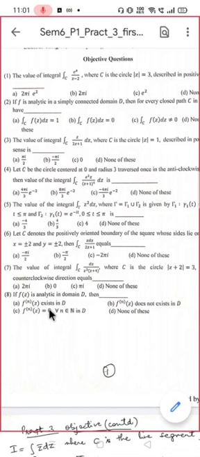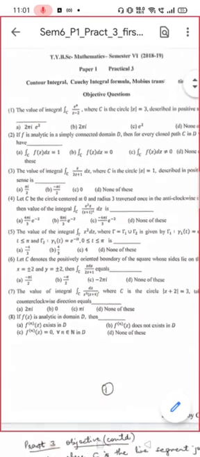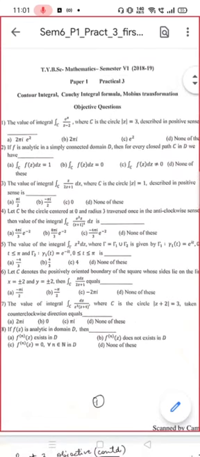Okay. Any other question from this 1 to 8? From question number 1 to 8, any other? See, I am not saying that we cannot solve this by using Cauchy integral.